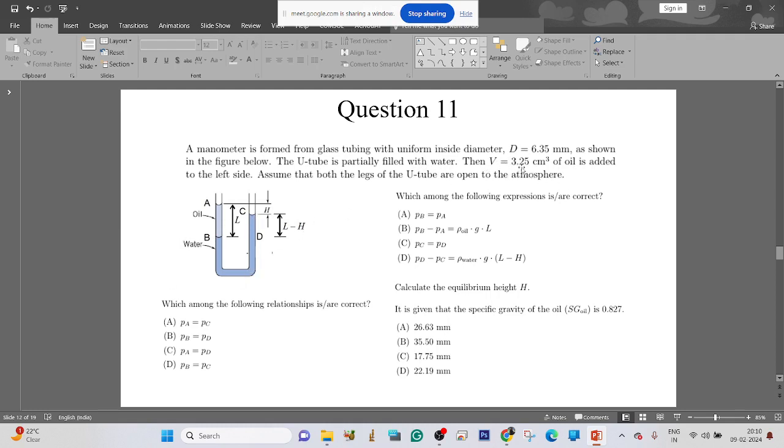The volume of oil that has been added is 3.25 centimeter cube. Assume that both the legs of the U tube are open to atmosphere. That means pressure at point A and pressure at point C are equal. Tell me which of the options for the first question, which among the following relationships are correct? I've already told you this.